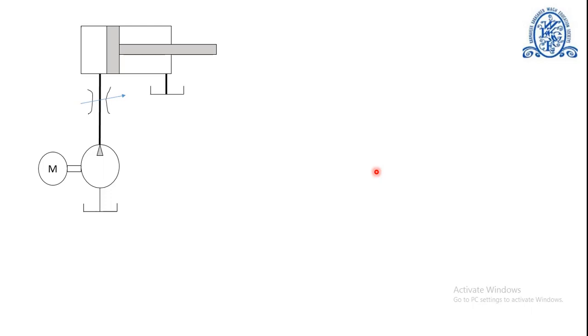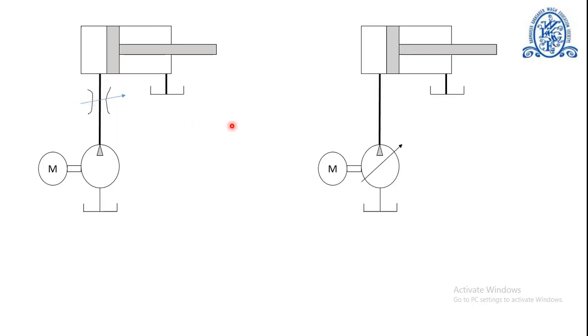Can we then say that the performance of a fixed displacement pump, say a gear pump with a flow control valve, and the variable displacement pump is the same? The answer is no, as the efficiency of the system is output power upon input power.